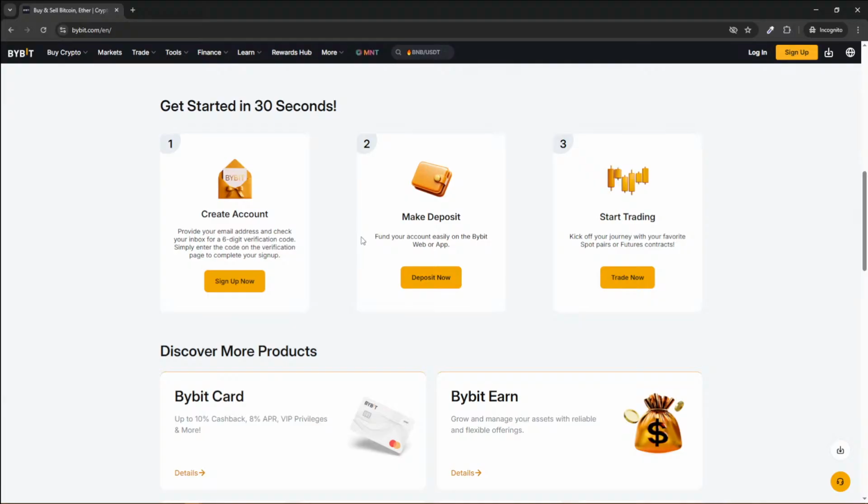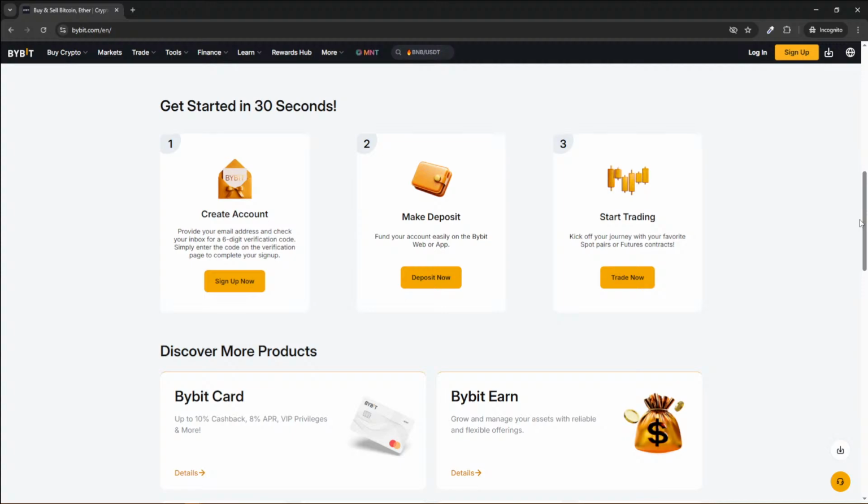Download the mobile app to make things easier for you. And by the way, you'll need verification along the way, like ID verification, besides this code verification via email or phone number. And then kick off your journey: spot pairs, futures contracts, and so much more.